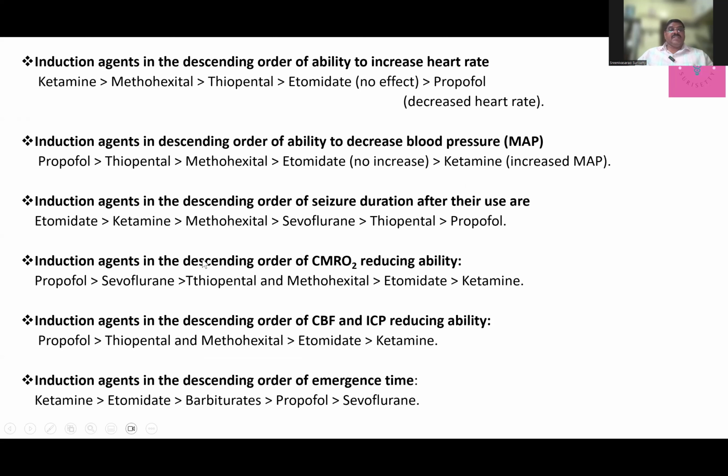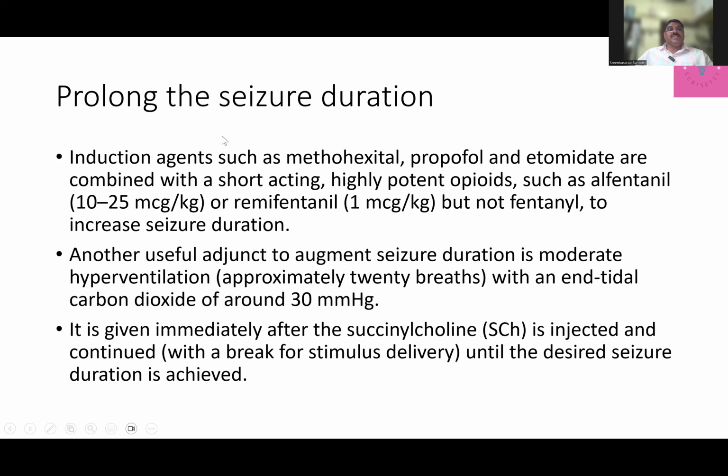Induction agents in descending order of cerebral metabolic rate of oxygen reducing ability, and in descending order of cerebral blood flow and ICP reducing ability. So ketamine increases and propofol decreases. Induction agents in descending order of emergence time: so ketamine to sevoflurane, they will emerge very fast. So prolong the seizure duration.